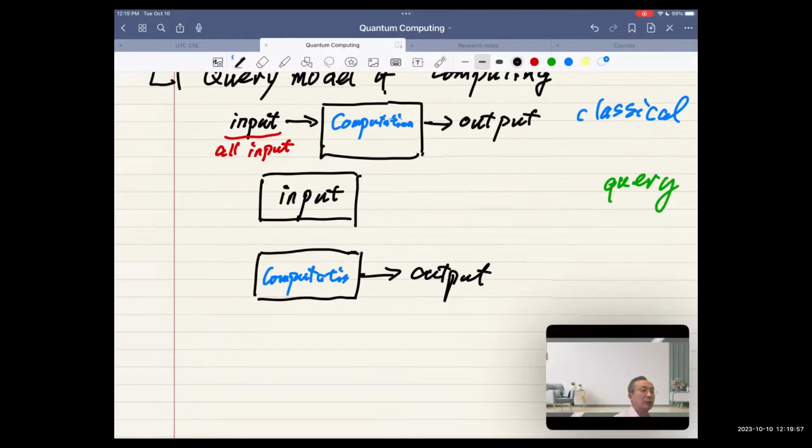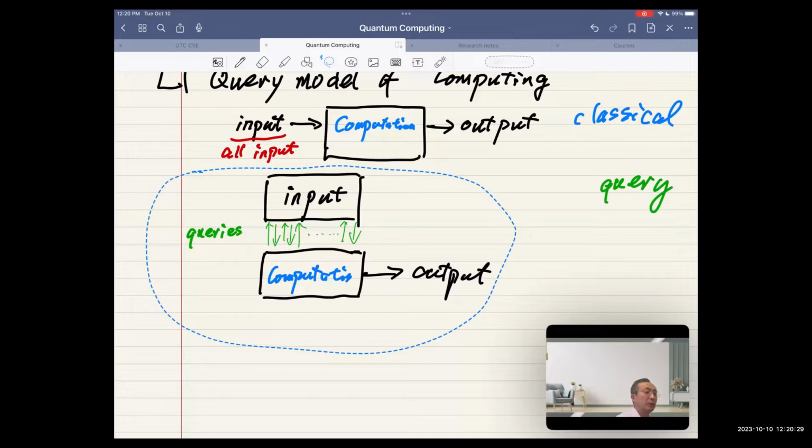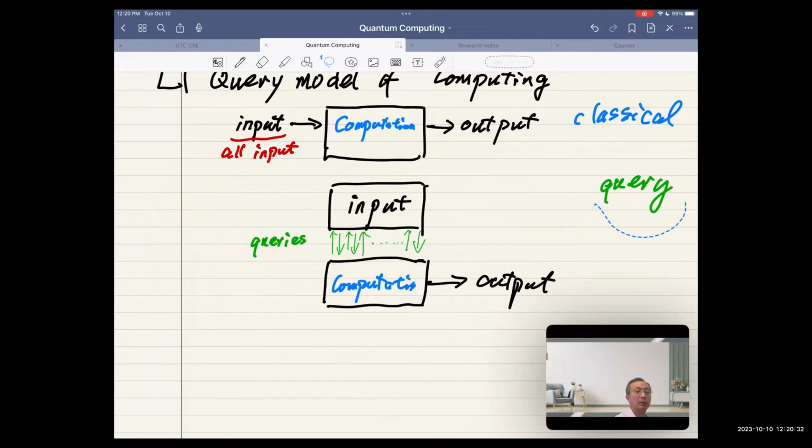But the computation is actually done in multiple rounds by so-called queries. So we have to do that many times. This is the query model of computing.